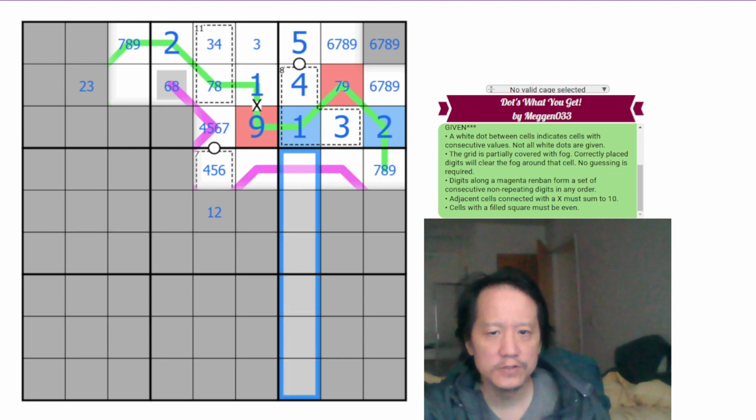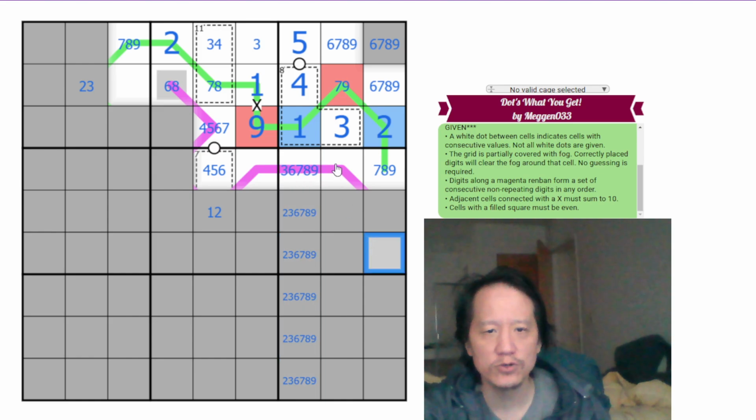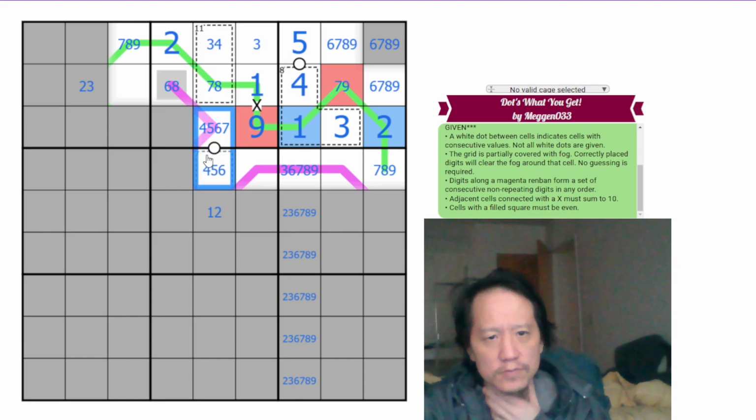Okay. So this is 2, 6, 7, 8, 9. 2, 3, 6, 7, 8, 9, but that can't be 2 because of the 1 to 2 ratio. This is consecutive.